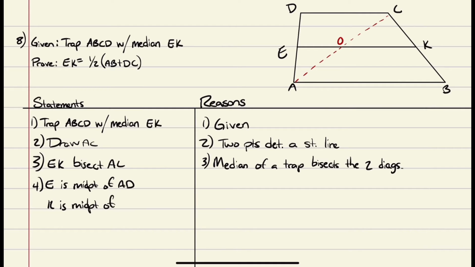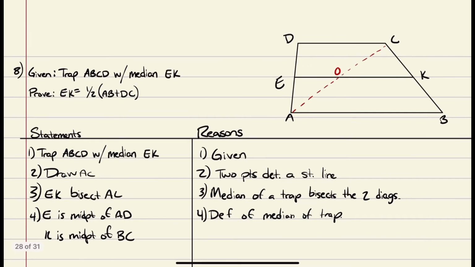And that's simply because of the definition of a median. Definition of median of a trapezoid. That's literally what a median does, and we've talked about that in the definition section, that a median joins the 2 midpoints of the legs of a trapezoid.